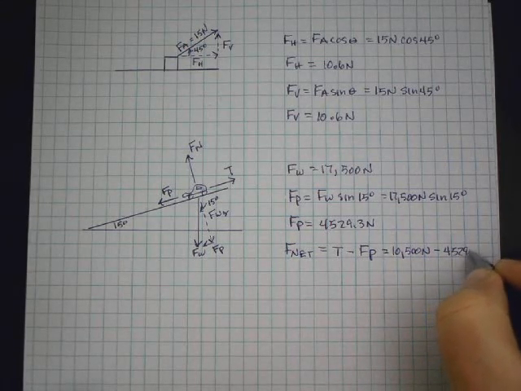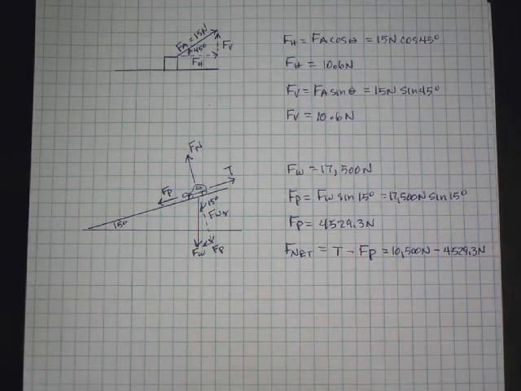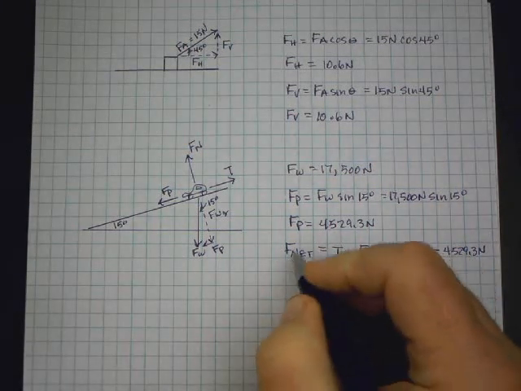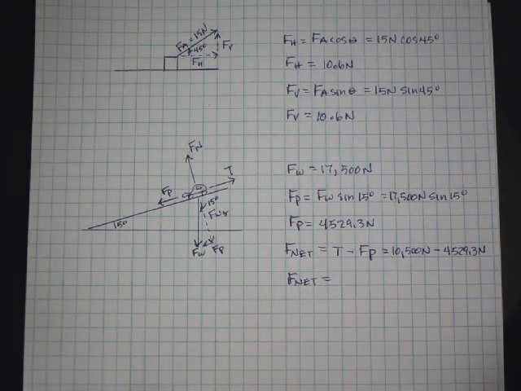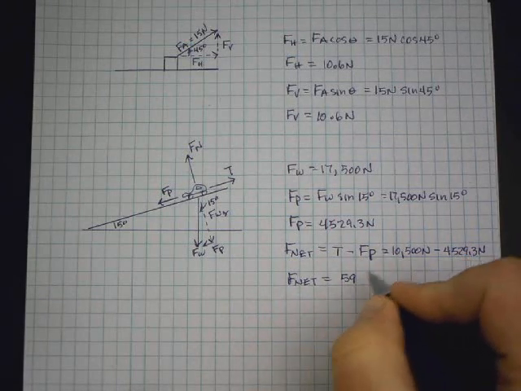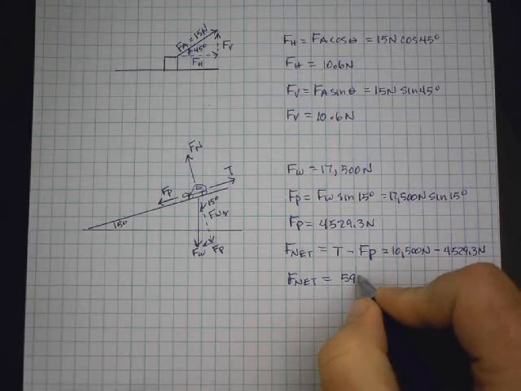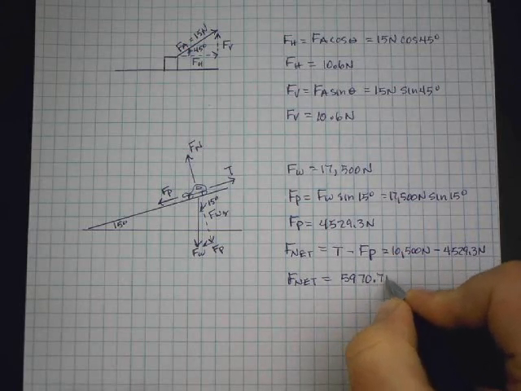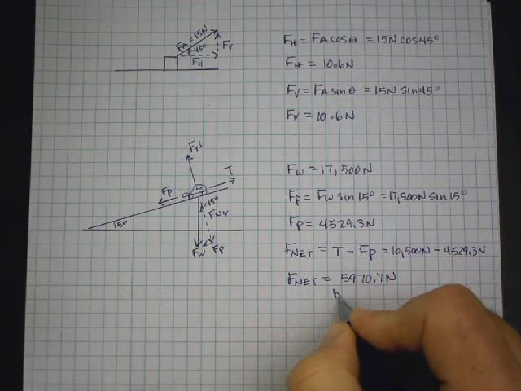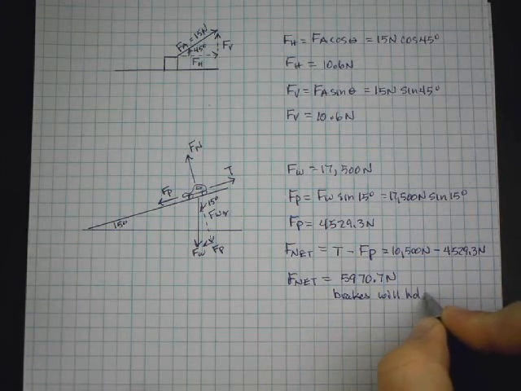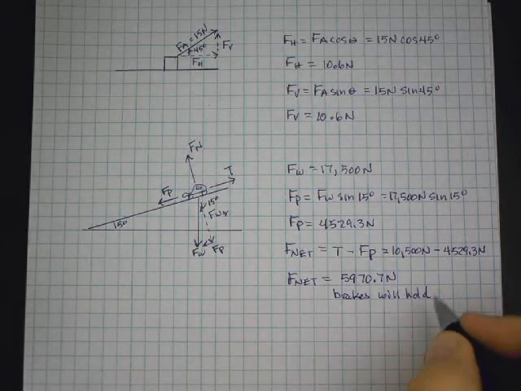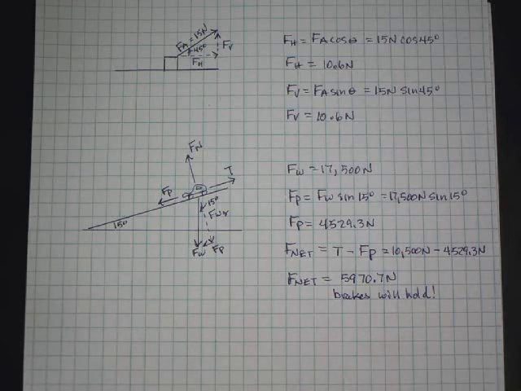Subtract the 4,529.3 newtons, the component of the weight pulling the car down the hill, and our F net ends up being... and so the brakes will hold. And so here you have an example of a problem on an inclined plane.